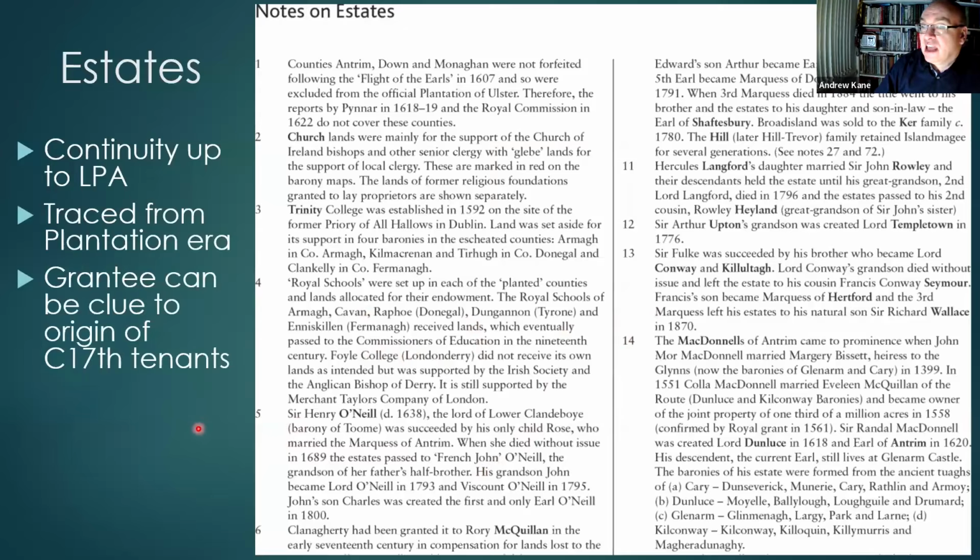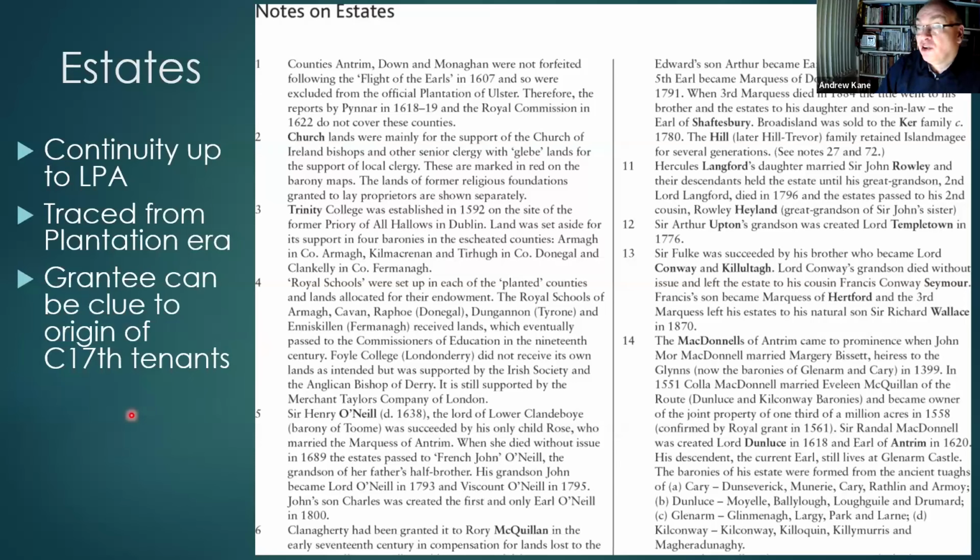I've also said here that who was granted the estate in the 1610s is a real clue as to where the tenants on that estate might have come from at that time. It's not foolproof, but it's a starting point. I would say it's probably not a very strong starting point.